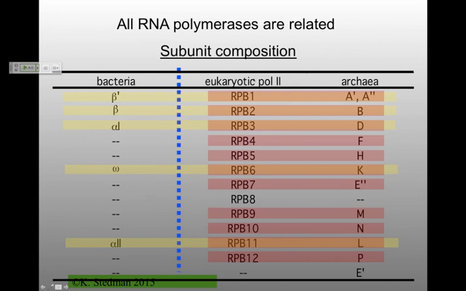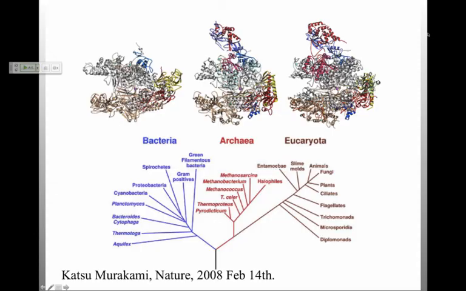And actually, most of those subunits are pretty similar to the eukaryotic polymerases. And if you look at their structures, this is from a paper, oh wow, it's getting a couple of years ago now, from Katsu Murakami's lab, where he actually solved the structure of this RNA polymerase right here in the middle. And it's an RNA polymerase, in fact, from my favorite organism, Sulfolobus solfataricus.